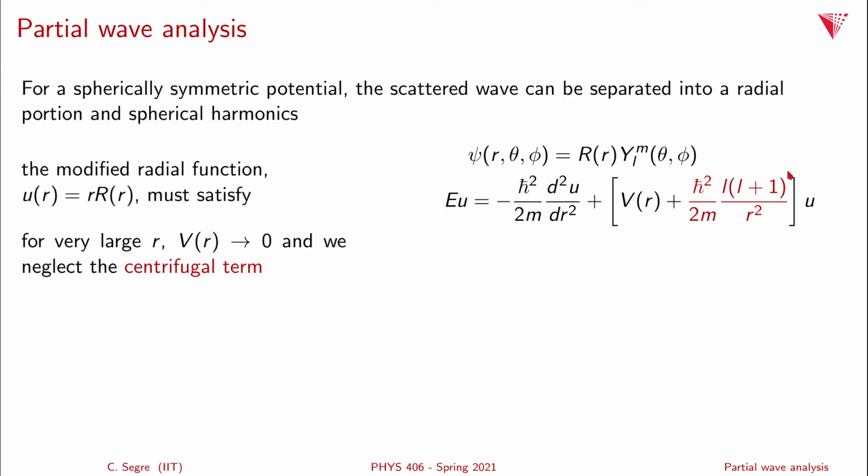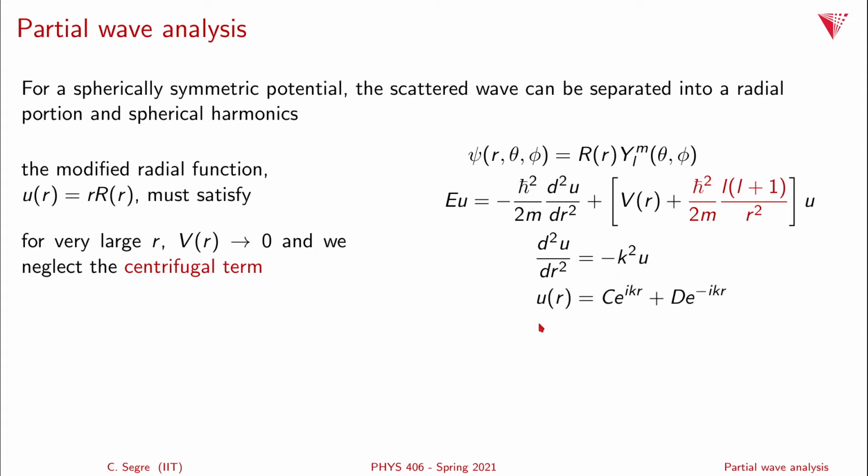It's a central force potential, it's well behaved, and the second term from the separation constant also goes to 0. So the equation simplifies greatly, and it just becomes d squared u dr squared is equal to minus k squared times u. So that's the asymptotic solution.